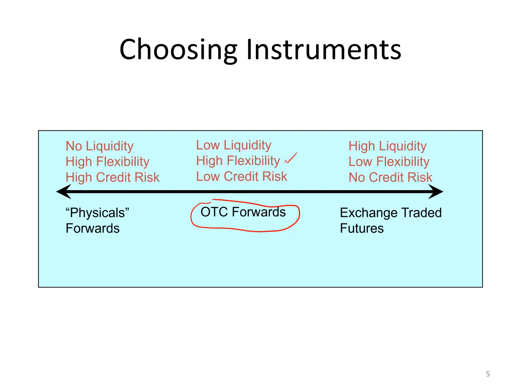You can negotiate all the terms, the quality, the quantity, the delivery locations, the dates, and so on. And they're generally low credit risk. However, there's extremely low liquidity. Once you have a forward contract to buy or sell an asset, it's very difficult to get rid of that contract unless you try to negotiate with the issuer.